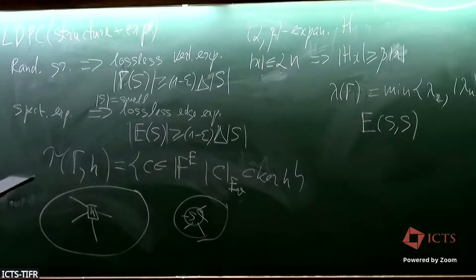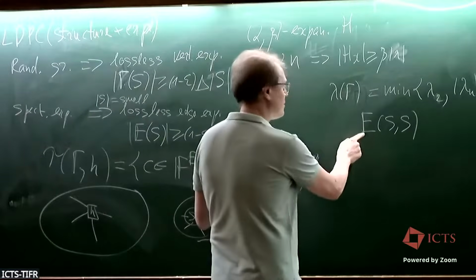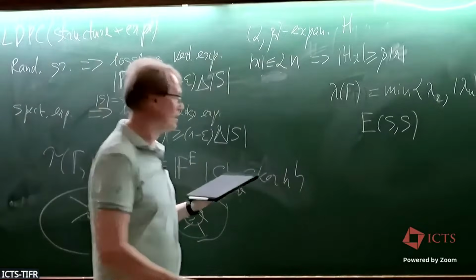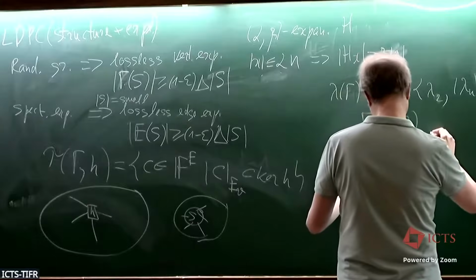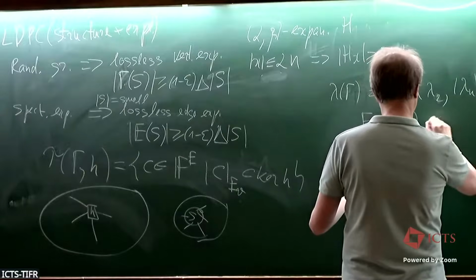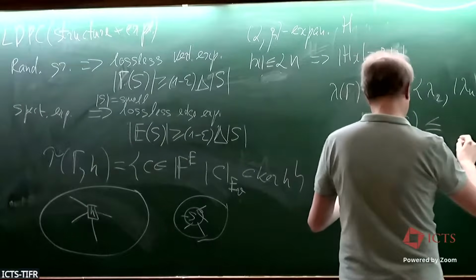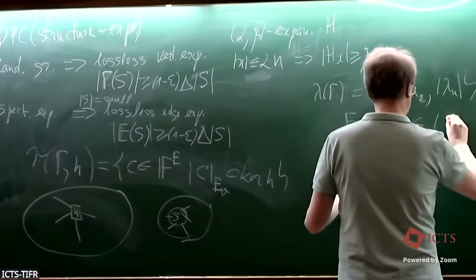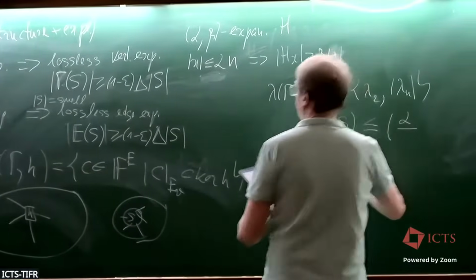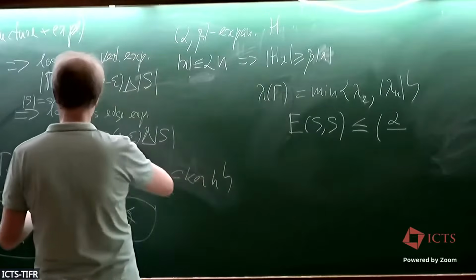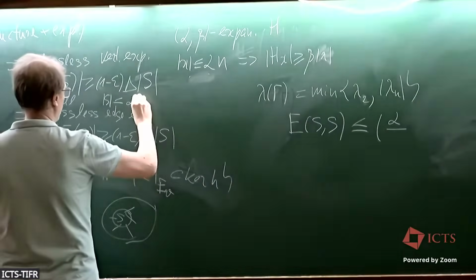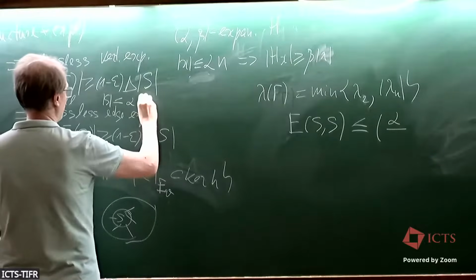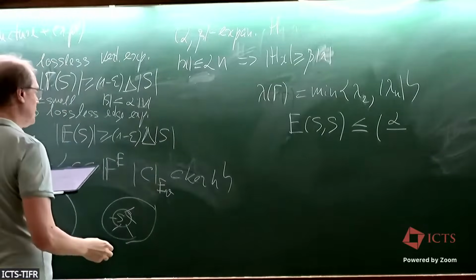And so for the mixing lemma, you know that this thing is quite small. If I remember correctly, it is no more than, let us assume that the size of S is alpha n, where n is the number of vertices.